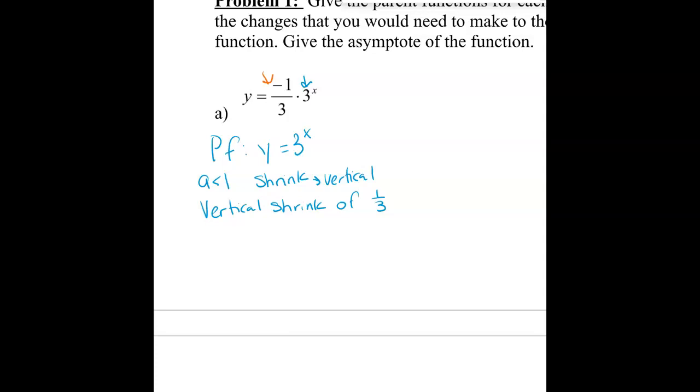Since this is going to affect my y values, that actually means that I will be flipping over the x-axis, AKA, that is going to reflect over the x-axis.